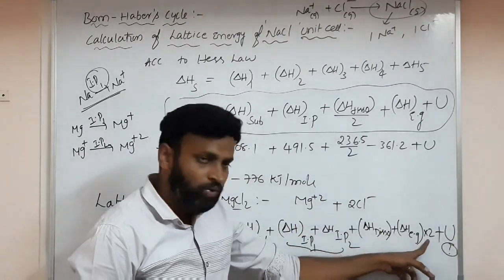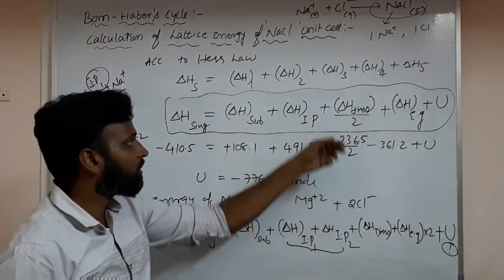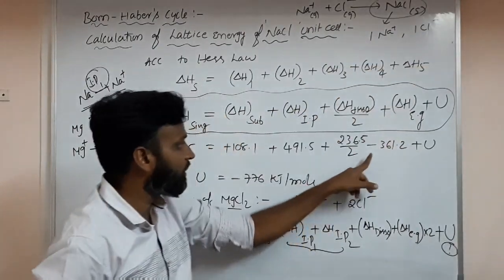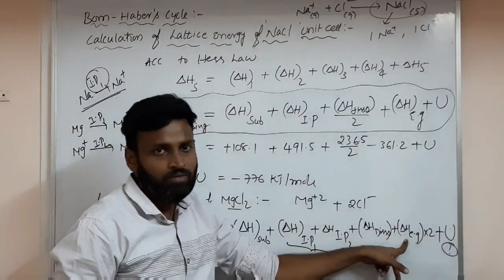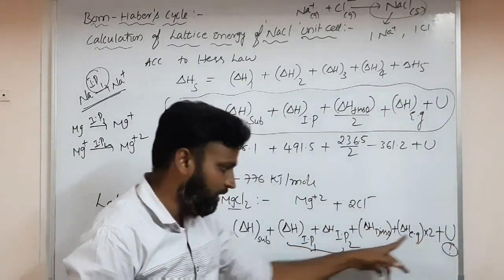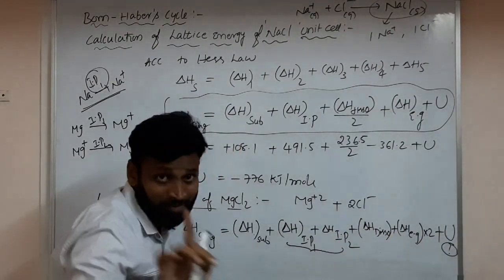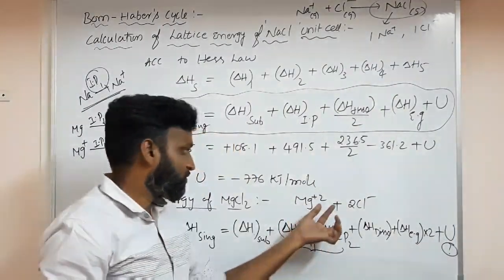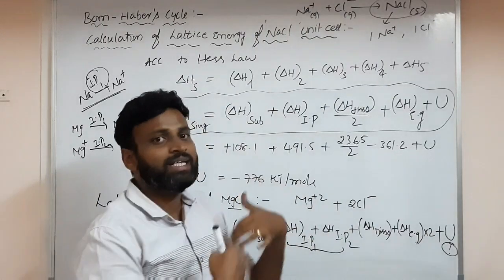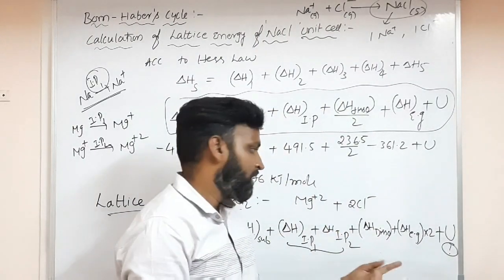Electron gain enthalpy into 2 I added because in NaCl there was 1 chlorine, so just minus 361. But here there are 2 chlorines, the same chlorine, so here I can multiply. But ionization potential I cannot multiply because IP1 and IP2 are different. 2 chlorines will take 2 electrons, but the energy released is the same per chlorine.